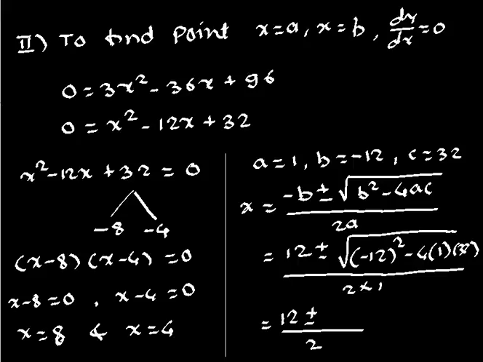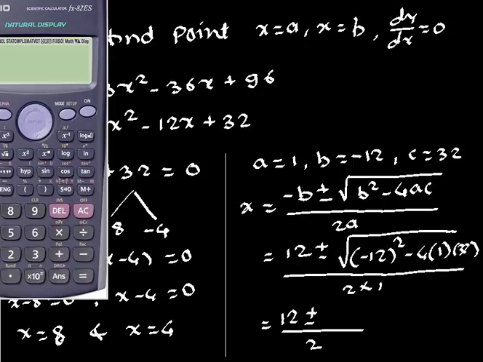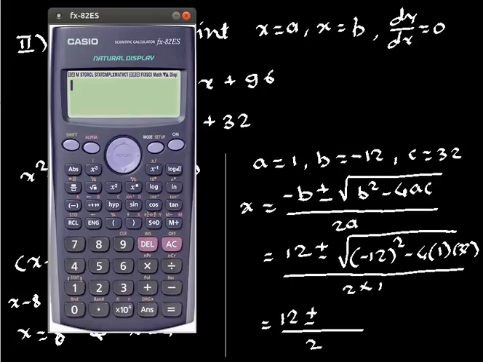So it will be 12 plus or minus, and the denominator is 2. Let us calculate the other term, that is under root minus 12 square minus 4 into a which is 1 into c which is 32. So it comes out to be 4.